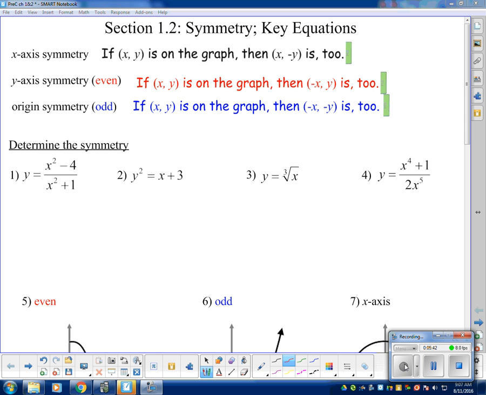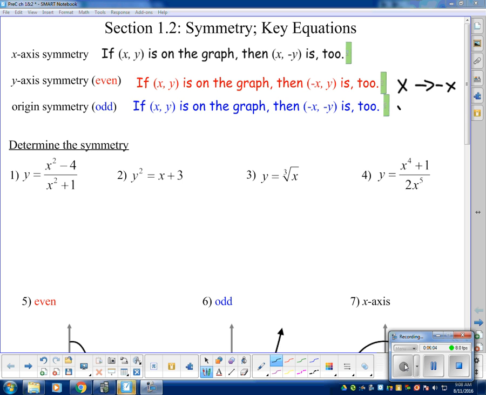So for y-axis symmetry, you replace x with negative x, and if you get the same equation, then it's even or y-axis symmetric. For odd, or origin symmetry, you replace both.